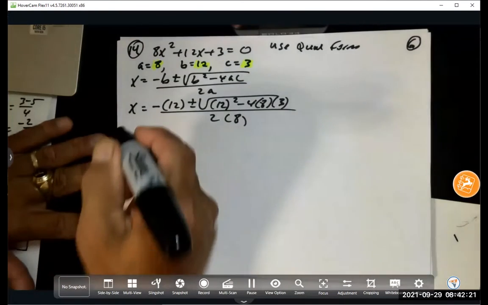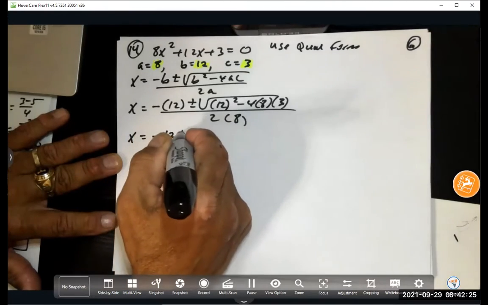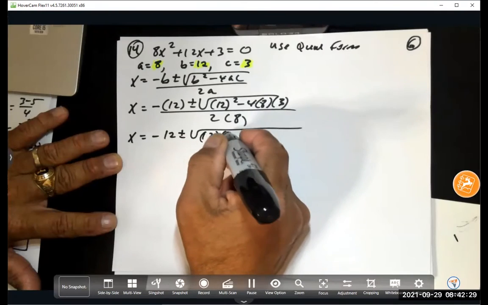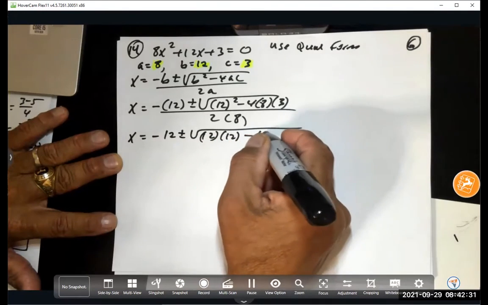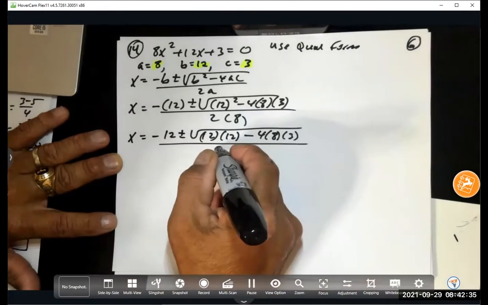So now this is going to be negative 12 plus or minus the square root of 12 times 12 minus 4 times 8 times 3, all over 16.